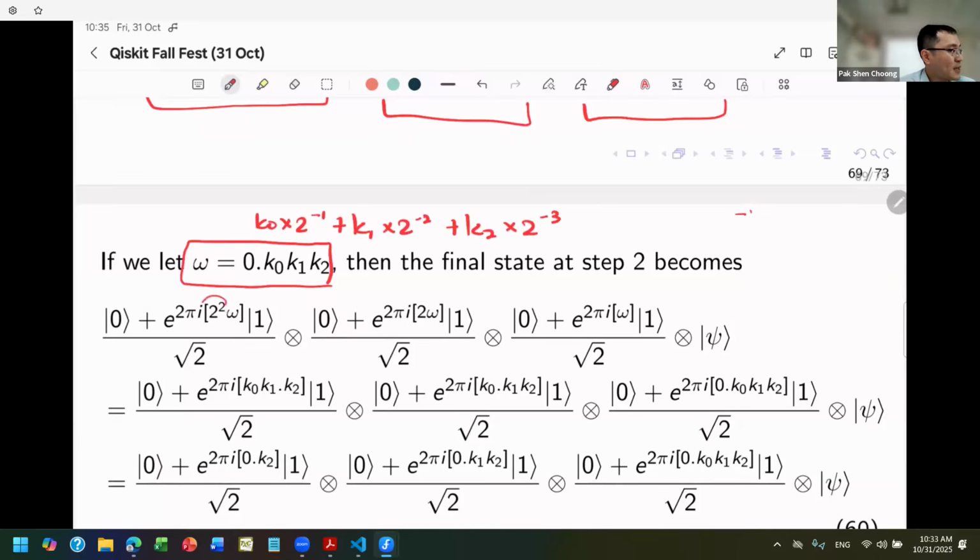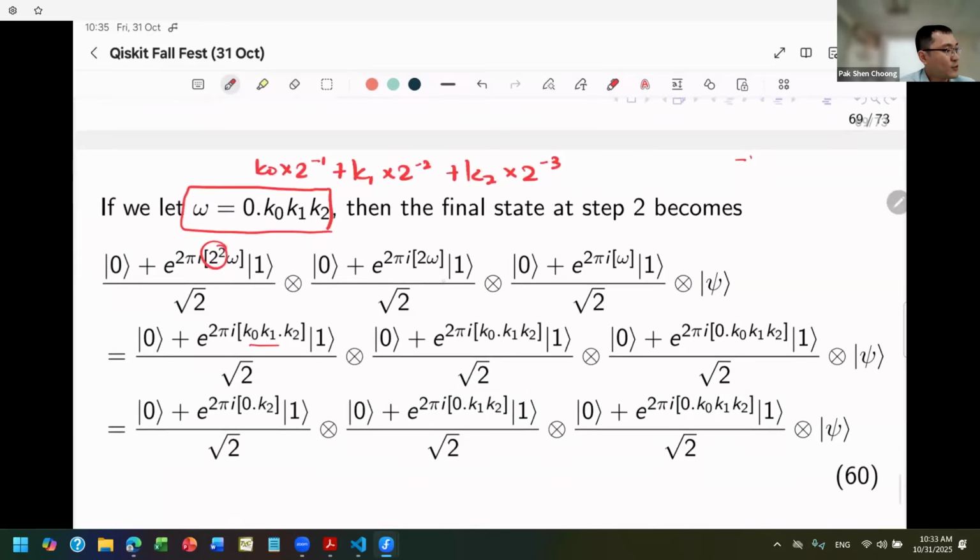So in the end, when you multiply by 2 squared, you will get k0 k1 point k2. When you multiply by 2, you get k0 point k1 k2. When you don't multiply anything, you have 0 point k0 k1 k2. So like I said, all the integers, when you multiply with 2 pi i, it just gives you 1. So effectively speaking, only 0 point k2 actually gives you something, the phase.